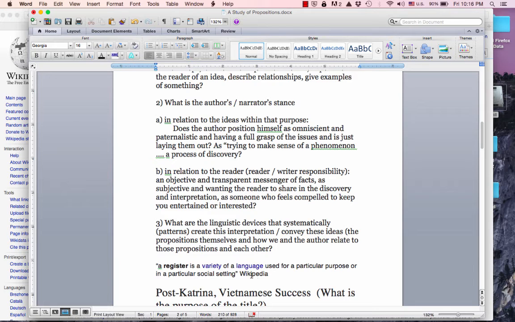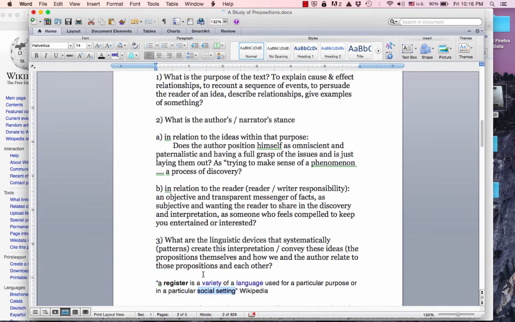Okay, and particular social setting. So instead of two people talking, that's a social setting. We're actually substituting the word genre here. Okay, because it's not going to be a social setting. It's a textbook. But essentially, that's what we're kind of working with here. It's a variety that's used for the particular purpose of writing. A register is a variety of language used for a particular purpose of communicating in a social setting. Okay, so I hope that clears it up.